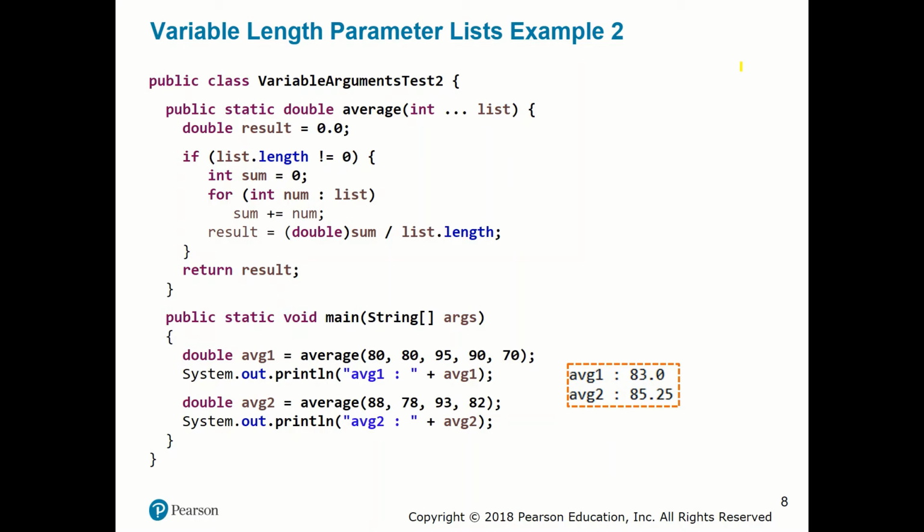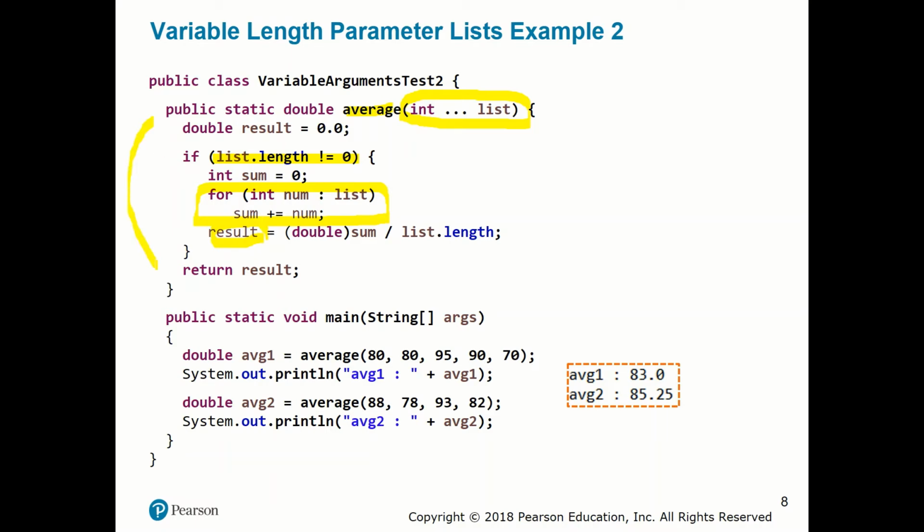Let's just see this example. Here, the average method takes variable length data like this and computes the average of these numbers. So here, if there is a parameter, then this part is finding the sum of the array, right? And then the sum is divided by length, then we can have the average of the list.